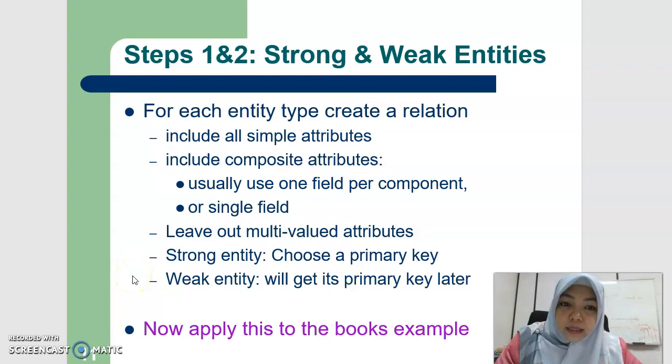For each entity, you also have to identify which one is the simple attribute, composite attribute, multi-value attribute, and also derived attribute. Okay, and you also have to choose which one is the primary key. For both entities, you have to identify which one is the primary key for the strong entity and which one is the primary key for the weak entity.